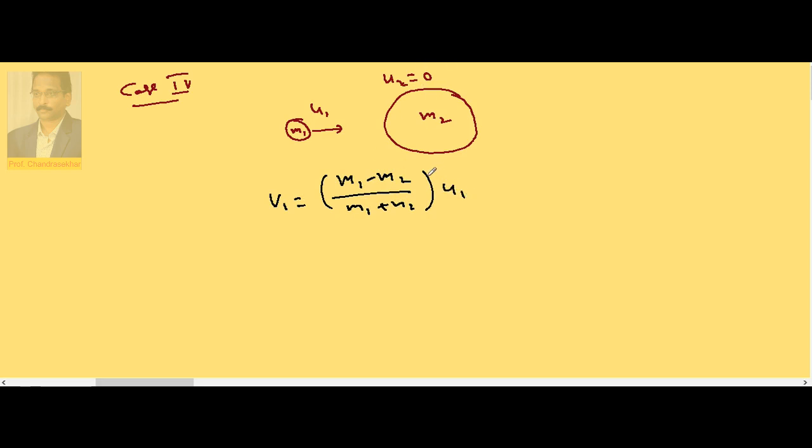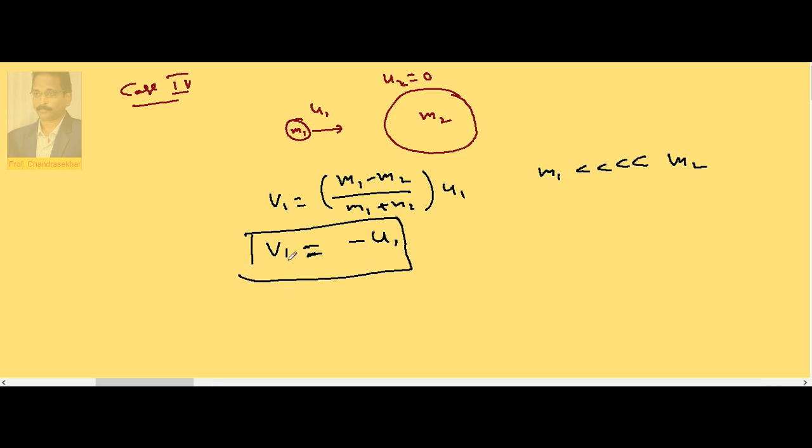Anyhow the u2 term is 0, no need to consider. Here m1 is negligible compared to m2, so I can neglect this term, so this becomes minus u1. That means the lighter body moves back with the same speed, minus u1. Originally it is u1, now it is minus u1.